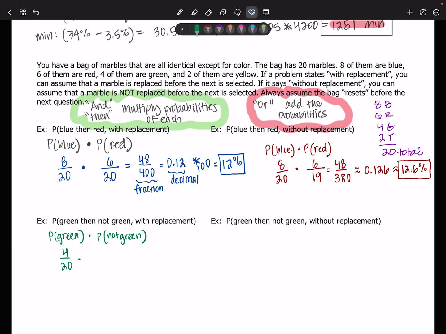And with replacement means I'd still be choosing one of those 16 out of 20. I multiply straight across, and I get 64 over 400. That is equal to 0.16. Multiply that by 100, and I get my percentage of 16%.